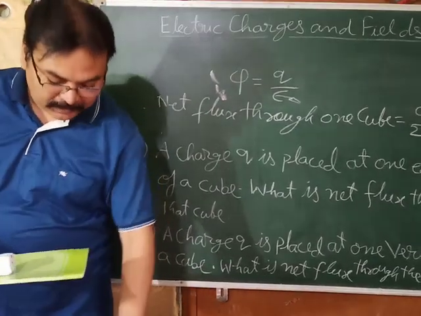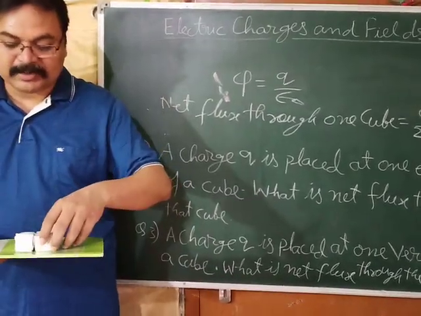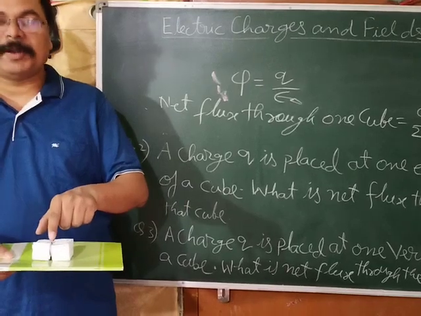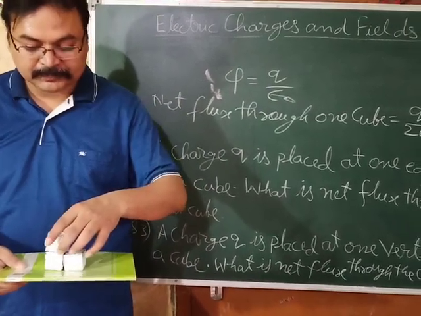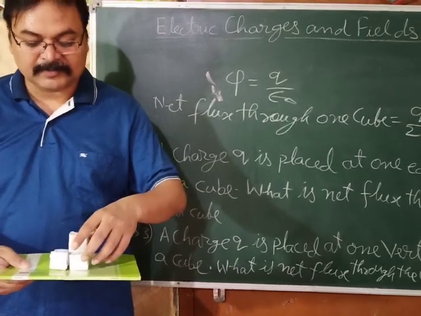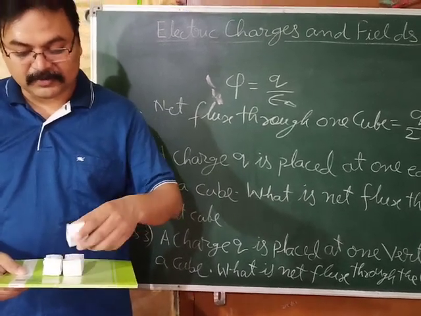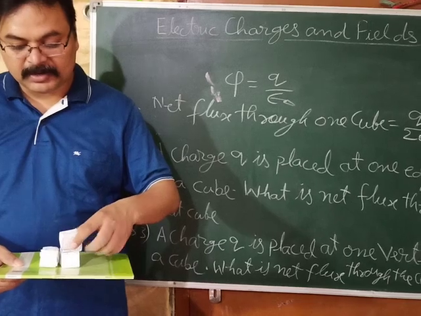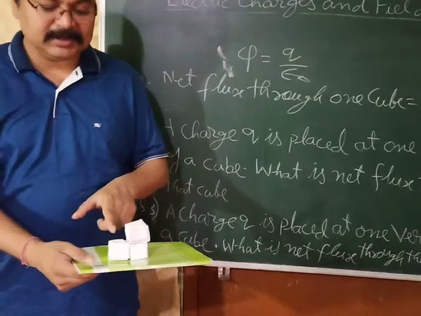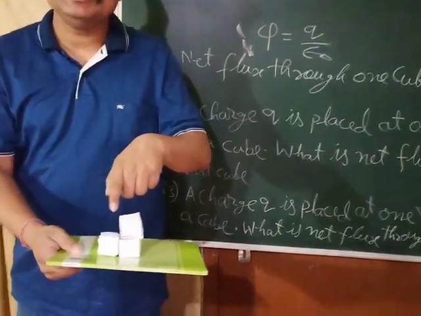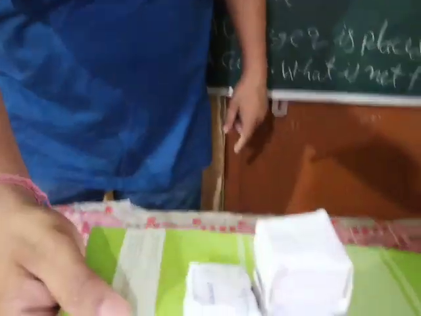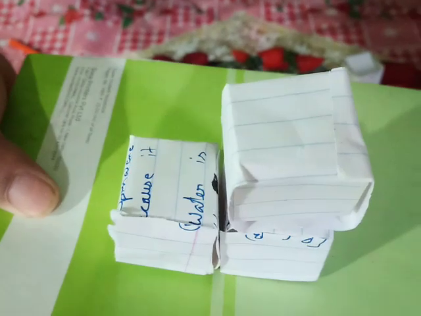I have taken another cube. Still the charge is open from the top. So I have placed one cube over it. Then also you can see the charge from here. This black spot still appears from the top.